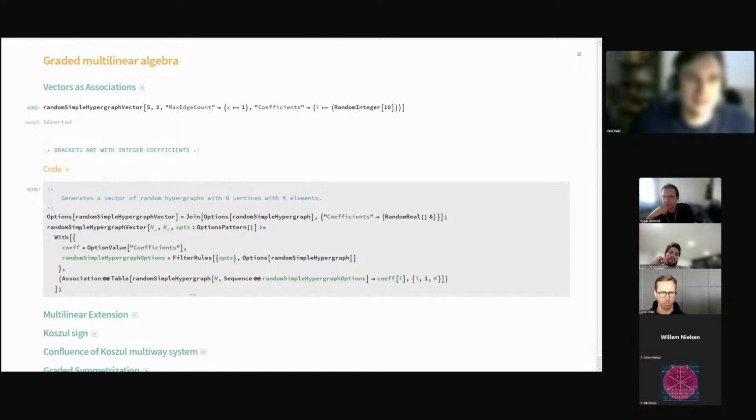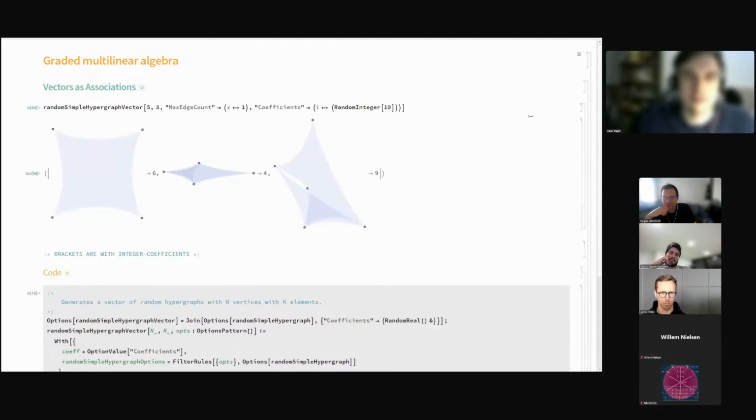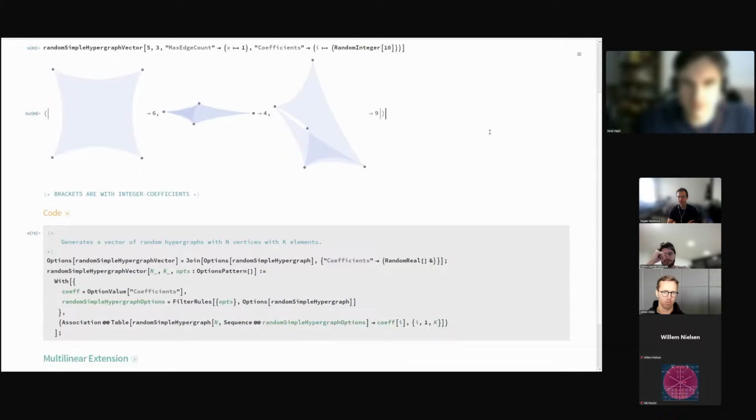I think that this is hanging on the random hypergraph, because maybe I want too much from it. Yes, now it is. See, now we generated a random vector with integer coefficients with three elements, of hypergraphs which should have maximally five vertices. Good.